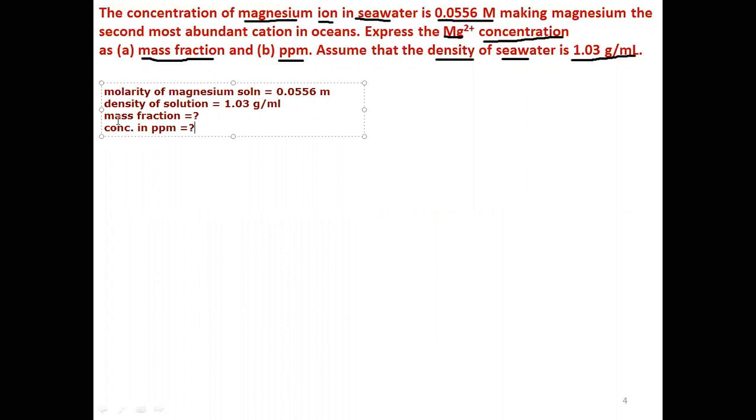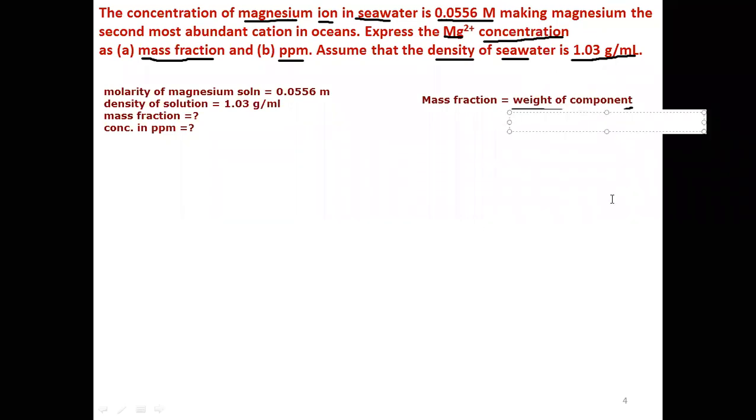First, let us write the formula for mass fraction. By definition, mass fraction is equal to the weight of the component whose mass fraction we have to calculate, divided by the total mass of all the components.